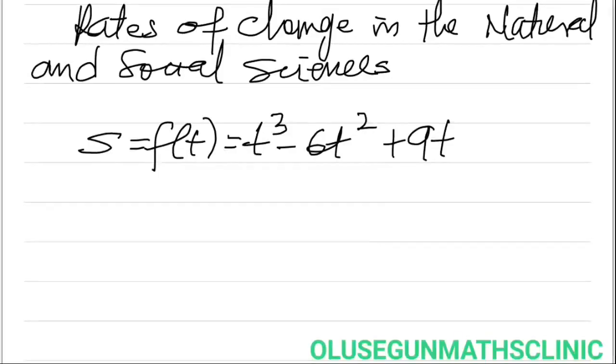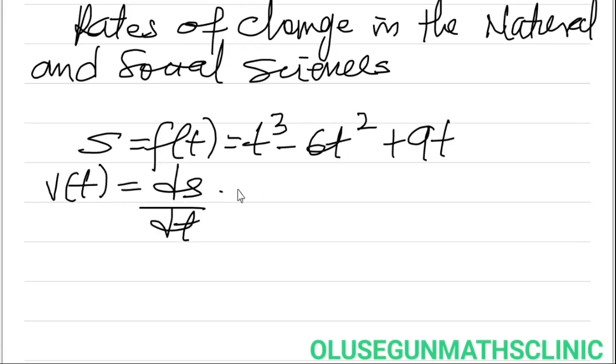We just want to look at a little application of first and second derivatives in calculus. For example, we're given a distance f of t equals t cubed minus 6t squared plus 9t, and recall that if you are to find the velocity, v of t will be dx/dt.